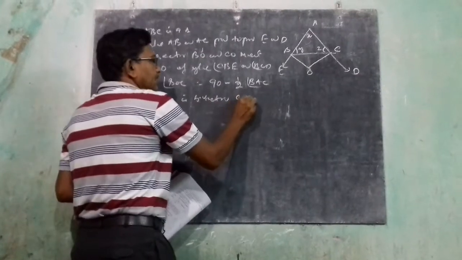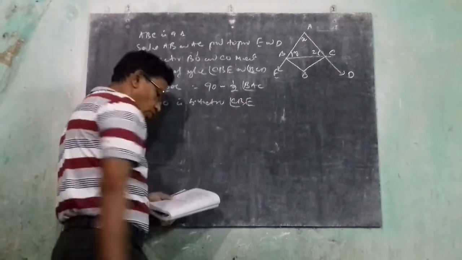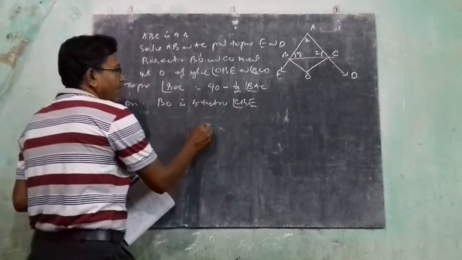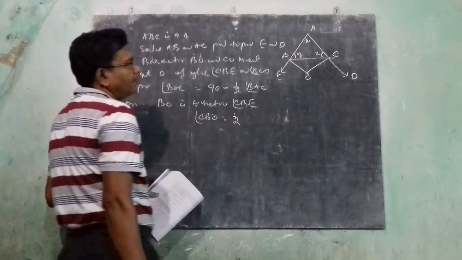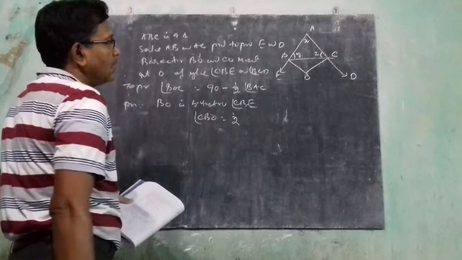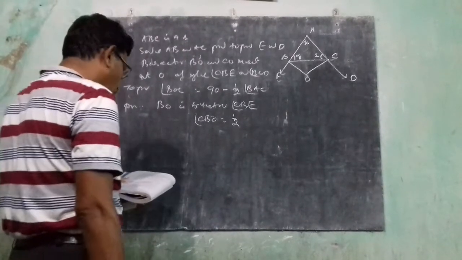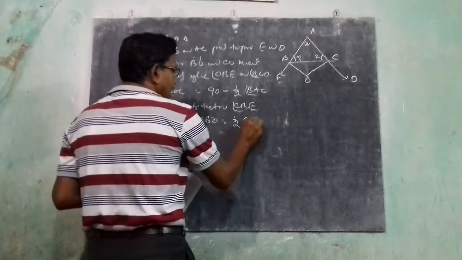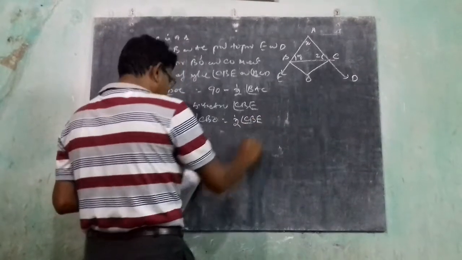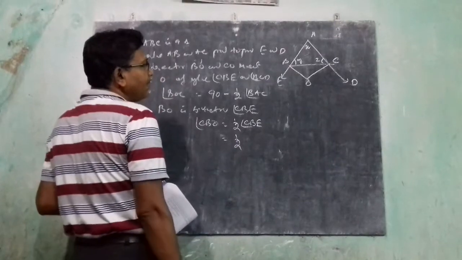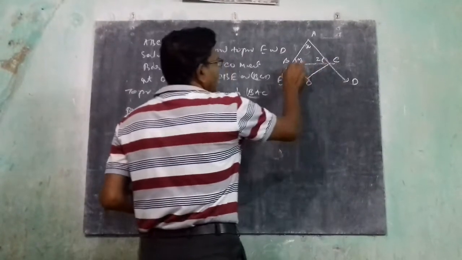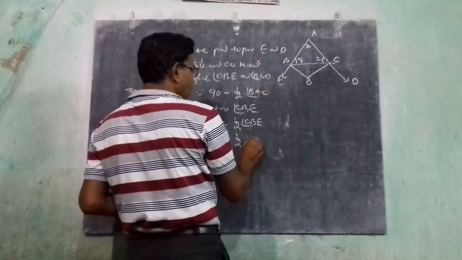BO is the bisector of angle CBE, so angle CBO equals half of CBE.